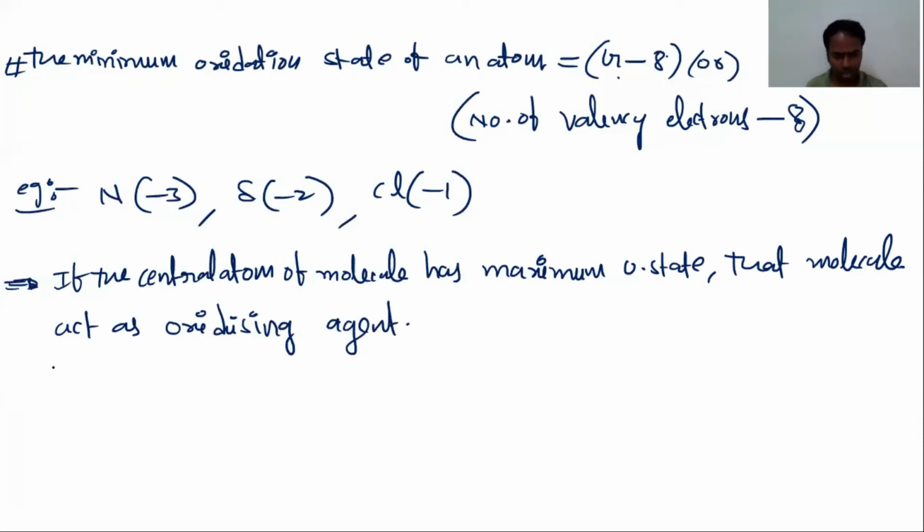So here, what is written? If the central atom of a molecule has maximum oxidation state, that molecule acts as an oxidizing agent.